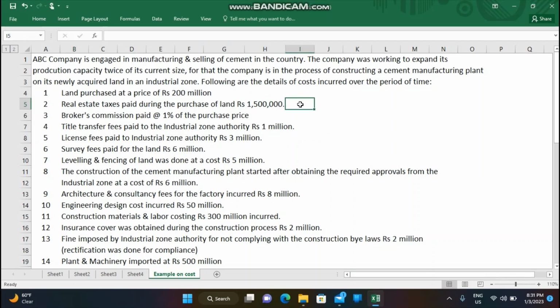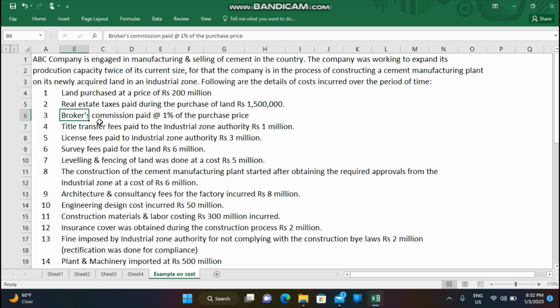We are assuming that these real estate taxes will be non-refundable. Normally, whenever you are purchasing a property or any piece of land, any immovable property, you have to pay certain taxes that are called real estate taxes, and that will be non-refundable. So this 1.5 million will be included in the cost of land.